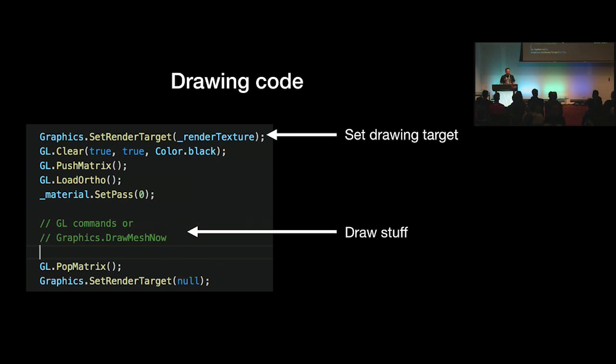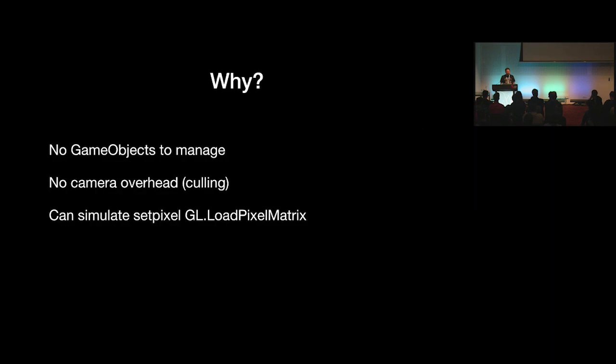But you can load a perspective matrix, and there's also a special matrix called the pixel matrix, which is a nice way to get a one-to-one relationship between a unit and 1 pixel. Then inside there, you draw all your GL commands or your Graphics.DrawMeshNow calls, and voila, you can draw to a render texture without using cameras and without using game objects. That's why I like this a lot.